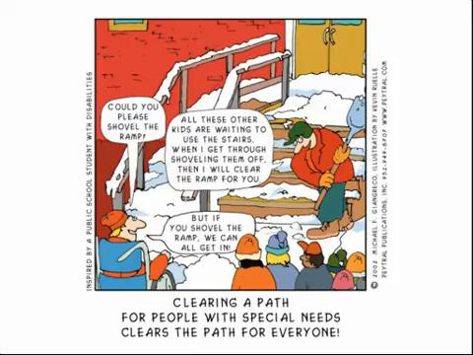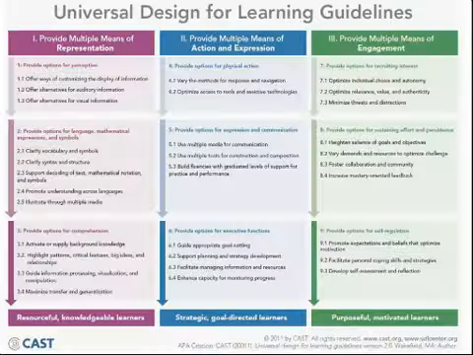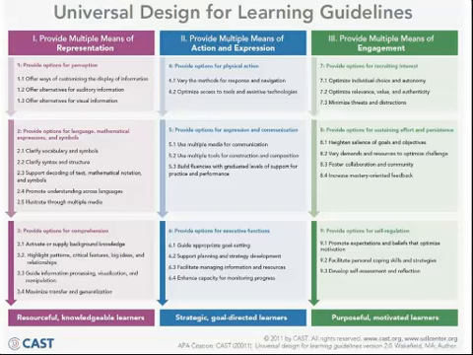All right. Again, I have another reflection exercise. So why don't you go ahead and reflect on some of the things that we talked about today in regards to universal design for learning. Again, let me just scooch back here for a second. Let me find the slide. Here's your universal design for learning guidelines. When we look at provide multiple means of representation, provide multiple means of action and expression, and provide multiple means of engagement.